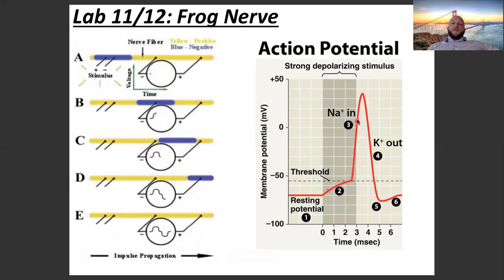And it's going to go from negative 55 to about positive 30, and then back down to that resting state. Every time an individual nerve cell does an action potential, it's this amplitude every single time.